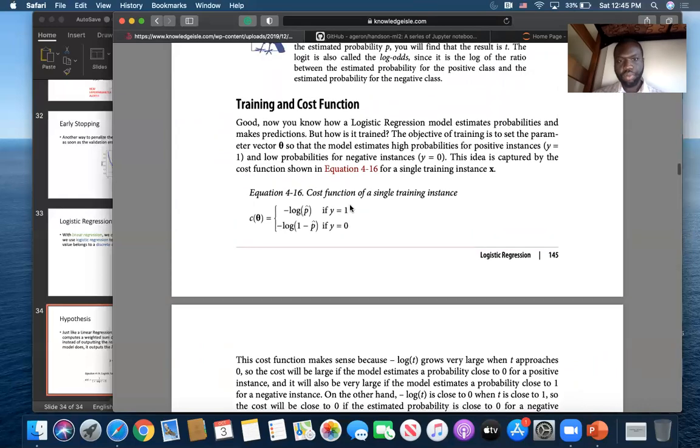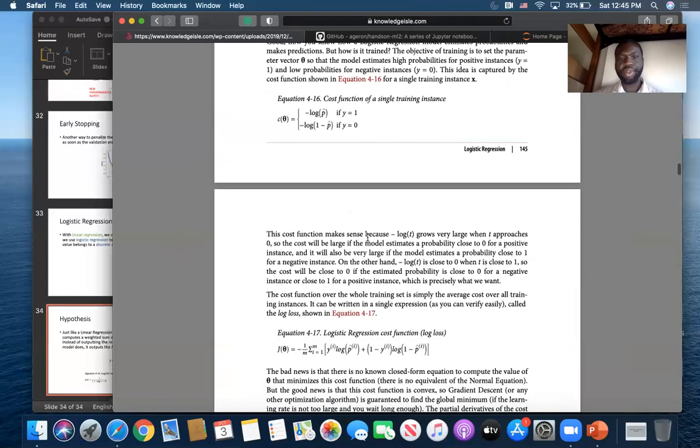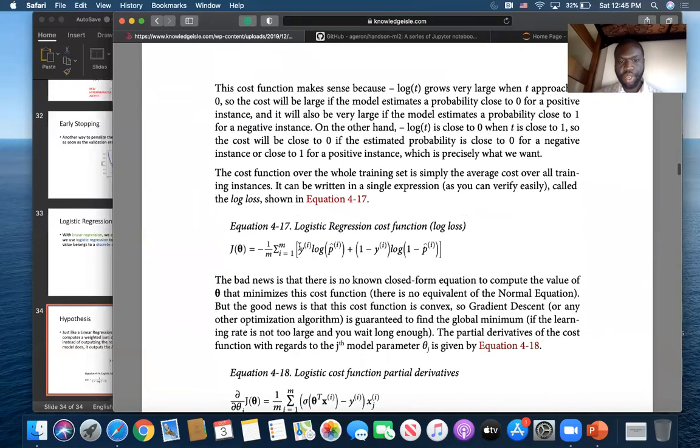Yes. And this one also has its own cost function right here. So the cost function is this. Basically, what this cost function is trying to say is, okay, in the case that I predict 1, and I say the phone call is a scam, but it's not a scam, the cost function should say, you're very wrong, right?